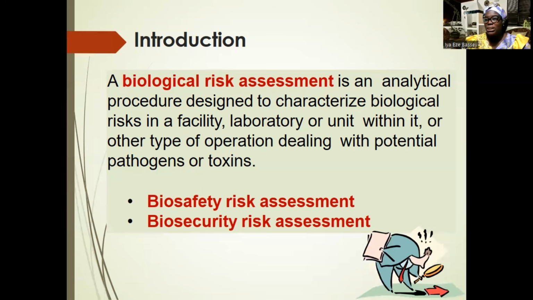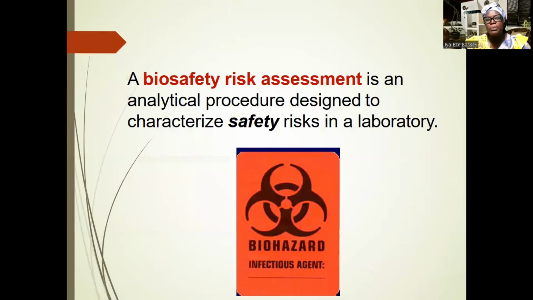And the risk we had discussed before, you have your biosafety risk assessment, you have your biosecurity risk assessment, okay? So your assessment covers both biosafety risk, you have a different part for it, and your biosecurity risk assessment.